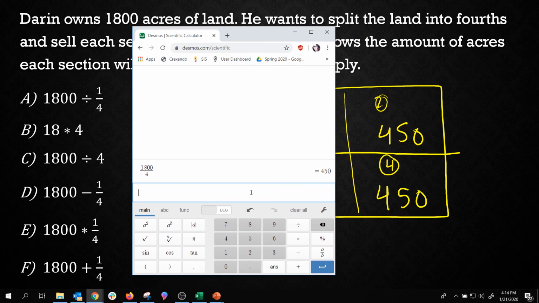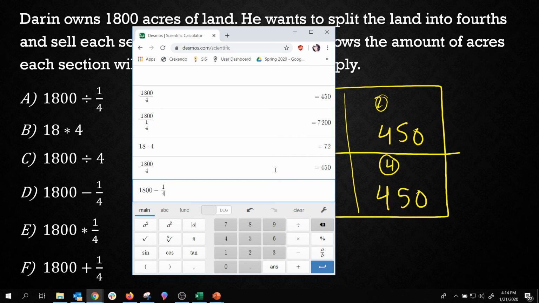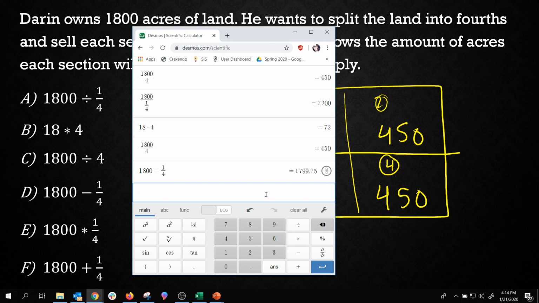So this first one, I have 1800 divided by 1 over 4. This is way bigger than what he started with, right? So it's not that first one. Next one is 18 times 4. That's way too tiny. Next one is 1800 divided by 4. That's a good one. That gives me that 450. Next one is 1800 minus 1 over 4. That's way too big.